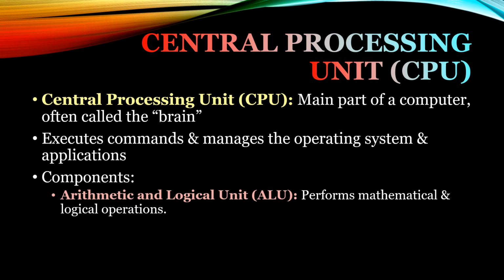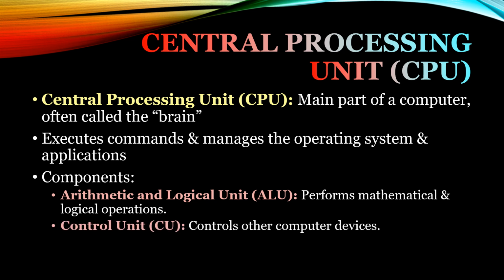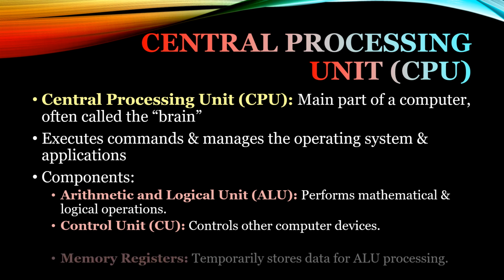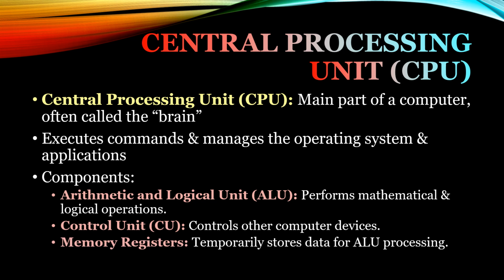ALU, or Arithmetic and Logical Unit, handles all mathematical and logical operations. CU, or Control Unit, directs the computer's devices and operations. And memory registers hold temporary data needed for processing. Together, these components allow the CPU to execute commands and perform tasks efficiently.